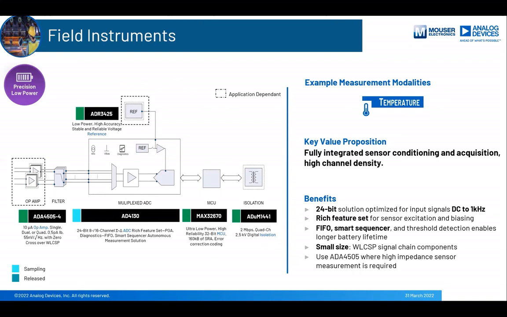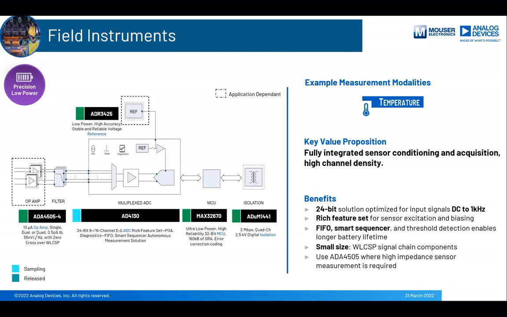The benefits of this solution is that it's 24 bits optimized for input signals from DC to 1 kilohertz. Certainly very rich in feature set, which we will discuss in a short while, and the digital features on board offer longevity and enhanced power saving in the end application.